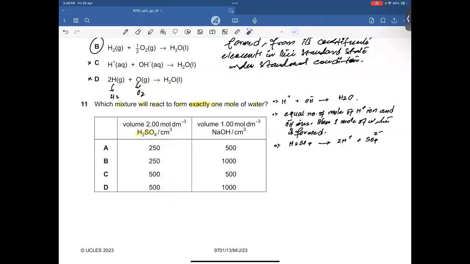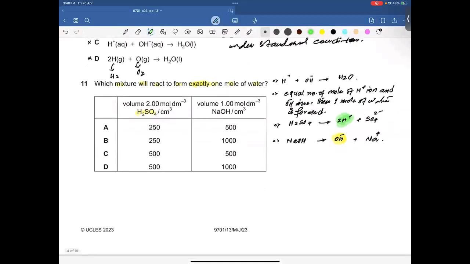In every option. Also, sodium hydroxide is a strong alkali. When it ionizes, obviously it will give you hydroxide ions and sodium ions, all right? So this is 1 mole of hydroxide ions, but this is 2 moles of hydrogen ions. So we need to convert it into 1 mole of hydrogen ion, right?